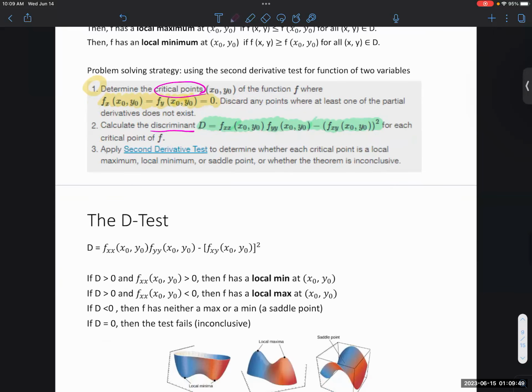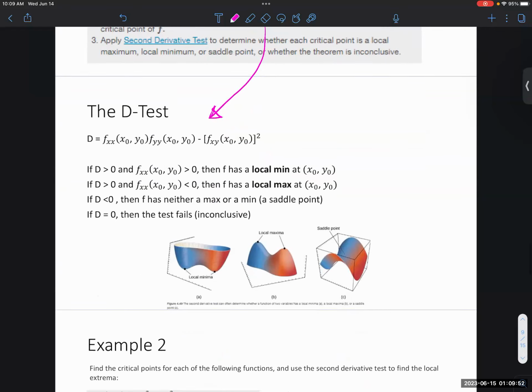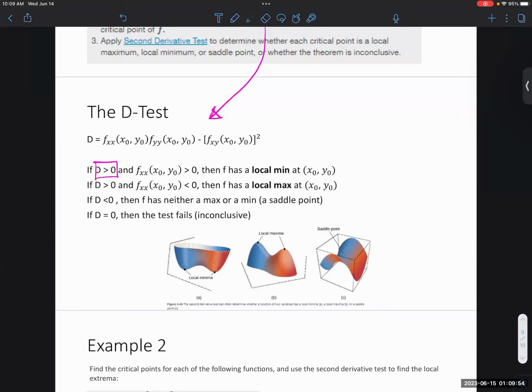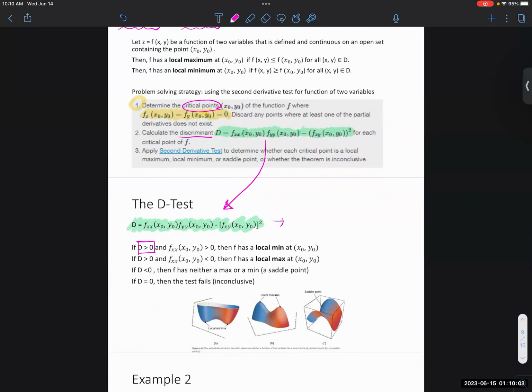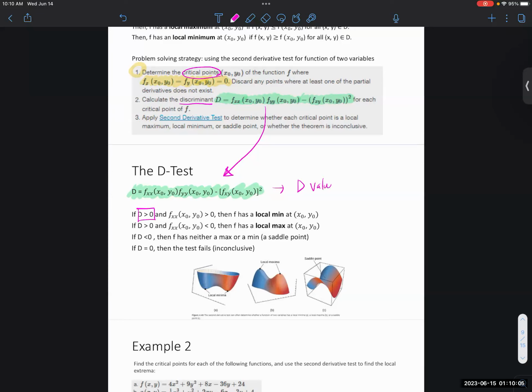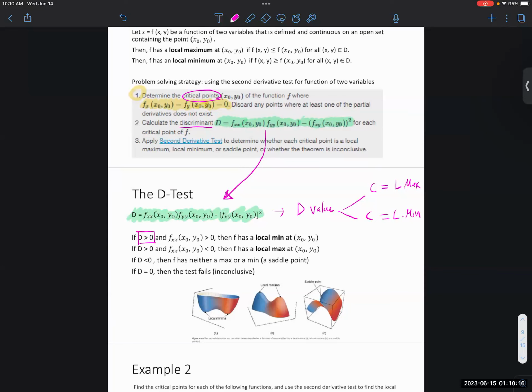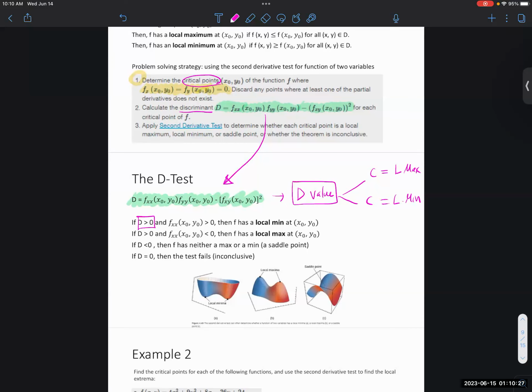Once you evaluate the D, this is the function that tells you whether the critical point is going to be a local max or a local min. It's not enough to know the critical points, we want to know whether each is a local max or local min. So to find out more specifically, we're going to evaluate the D value. That's the D test.